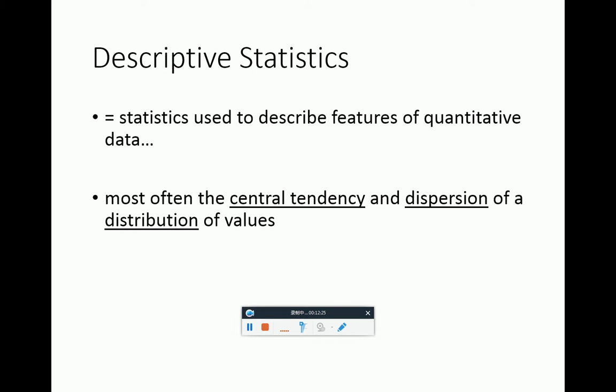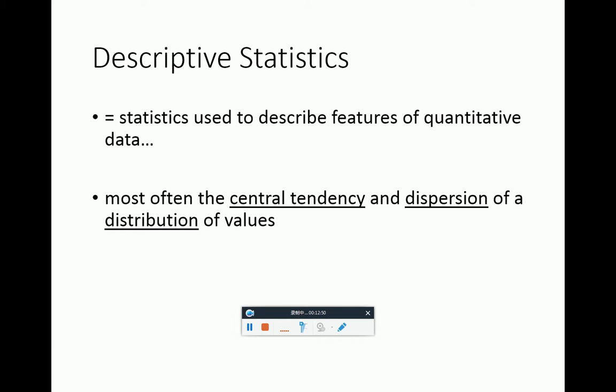So there are many types of descriptive statistics, but we're going to focus on the two most important features about any data that statistics will be used to describe.